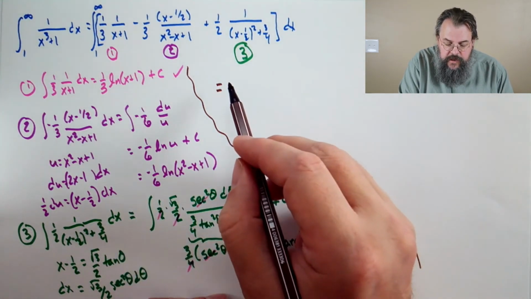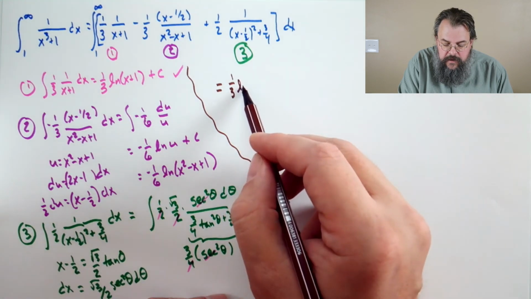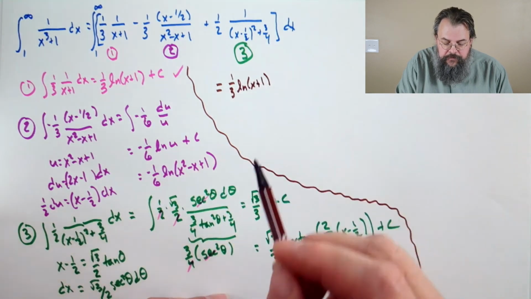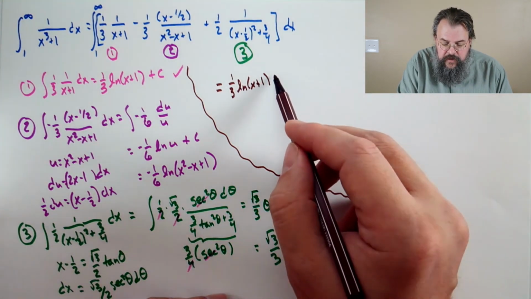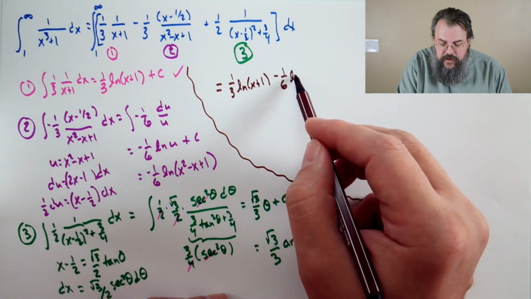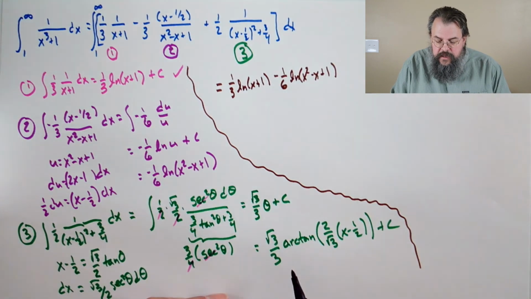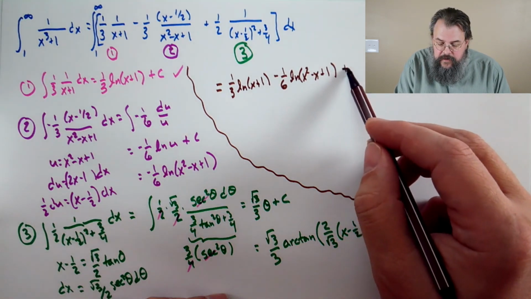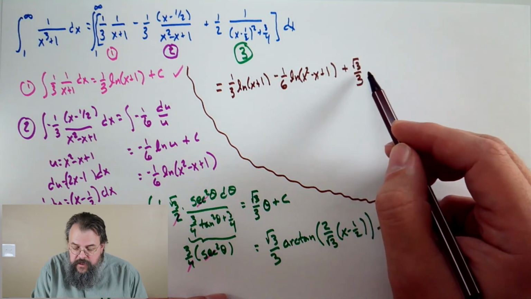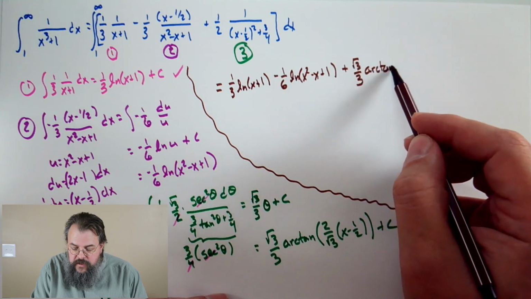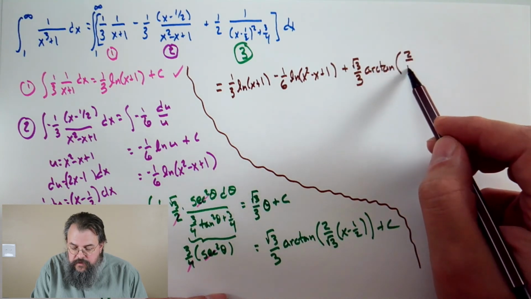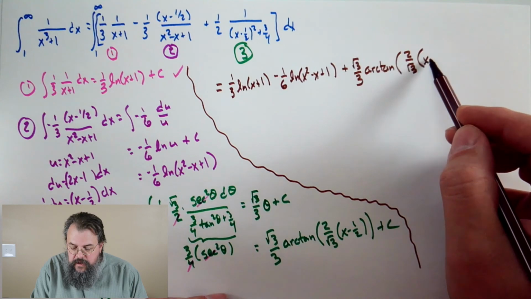We get 1/3 natural log of x plus 1 minus 1/6 natural log of x squared minus x plus 1, and then add square root of 3 over 3 arctangent of 2 over root 3 times x minus 1/2.